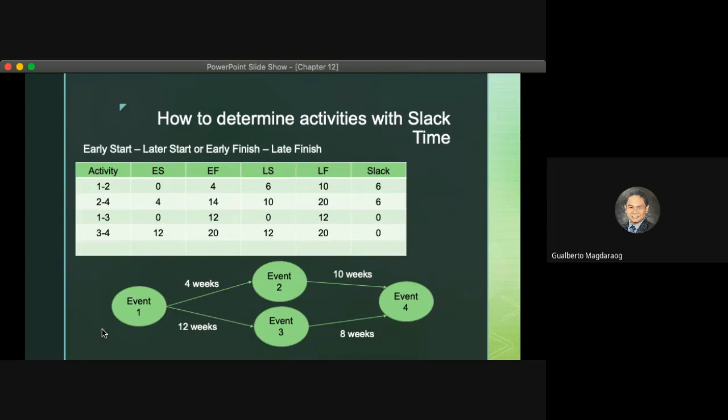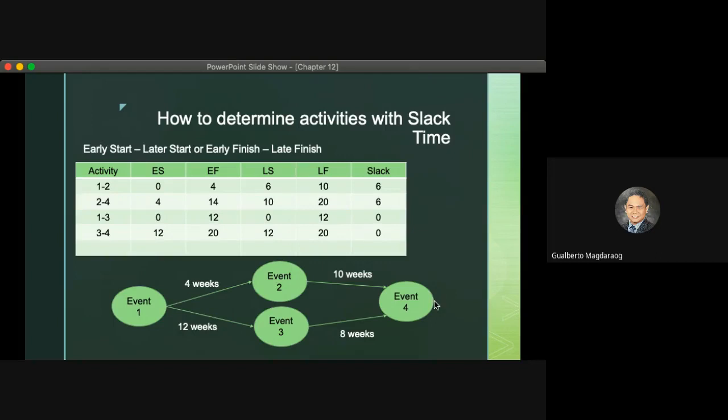Comparing it to the latest start and latest finish, we will start from the end. So if the required period to finish all the events is 20 weeks, we start from 20. Therefore, the latest finish of event 2 to 4 is 20.